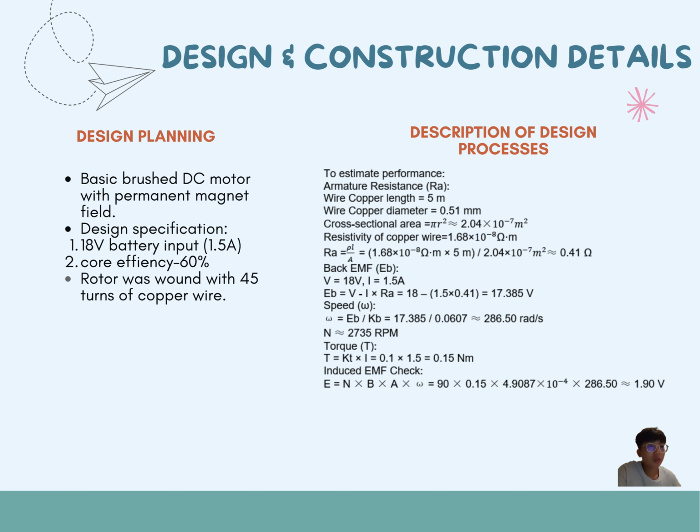The speed omega we can calculate by using back EMF over the back EMF constant, which is about 286.5 per second. The torque we can find as kT times I, which is equal to 0.15 Newton meter, and the inductor's EMF is about 1.9 watt.